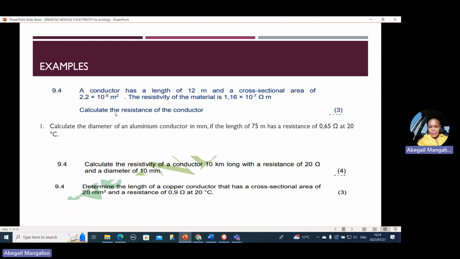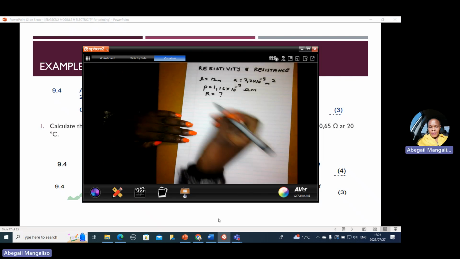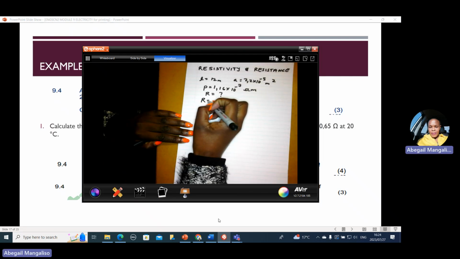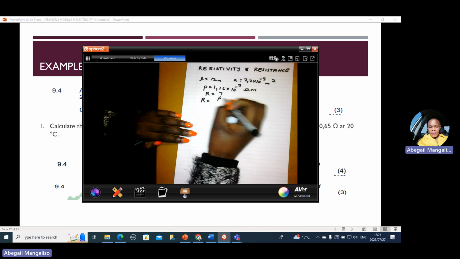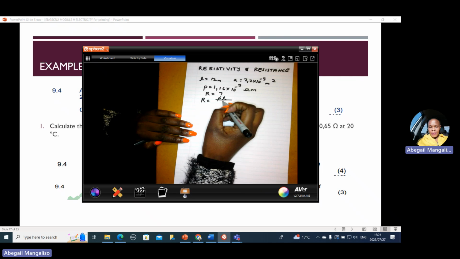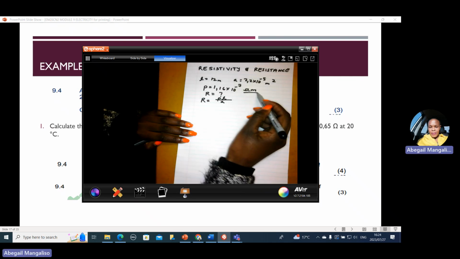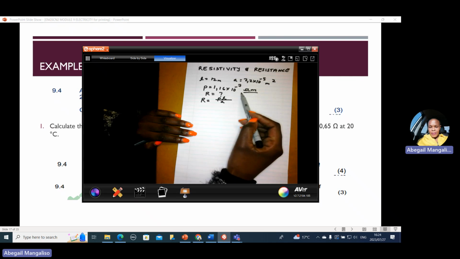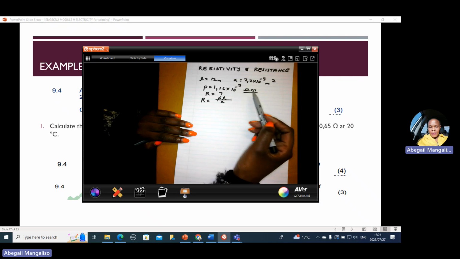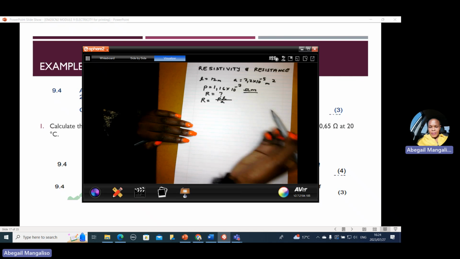Now let's look at the solutions. All the given values are there. The formula is resistance equals resistivity multiplied by length divided by area. Resistivity is in its correct units. If it was given in micro ohm meter or milli ohm meter, we would first get rid of the prefix.